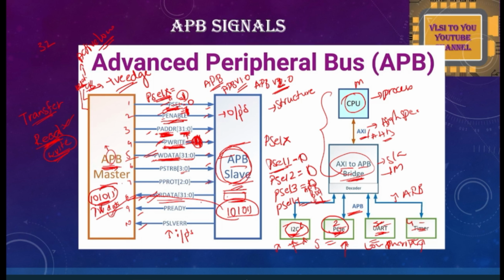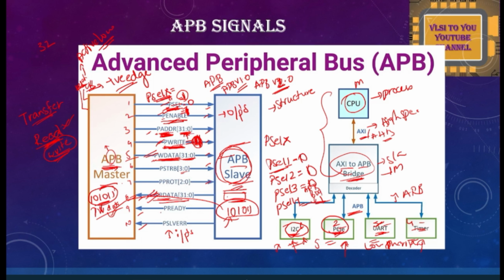That is why it is in this direction. PRDATA means reading something from the slave. PWDATA means writing something into the slave. Get to know this difference. PWDATA and PRDATA are also 32-bit wide, because PADDR is 32-bit wide, so obviously PWDATA and PRDATA will also be 32-bit wide.